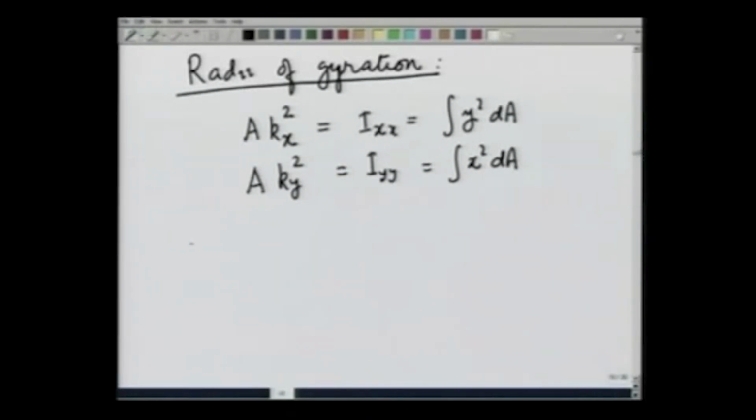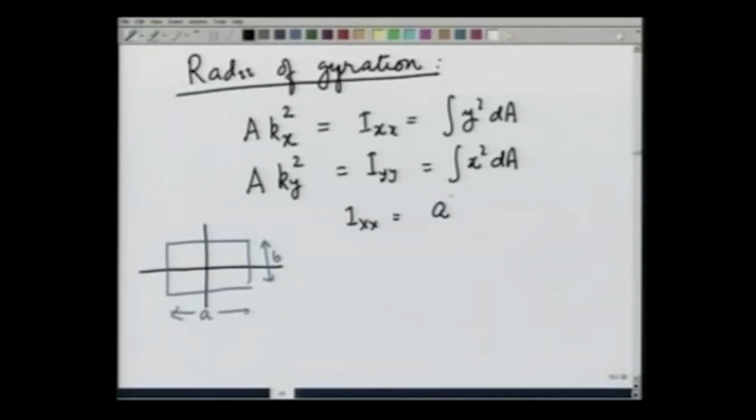Thus, for example, when we look at a rectangle of length a and width b, we have already calculated that Ixx is equal to a b cubed over 12, and therefore kx squared is going to be a b cubed over 12 ab, or equals b squared over 12.